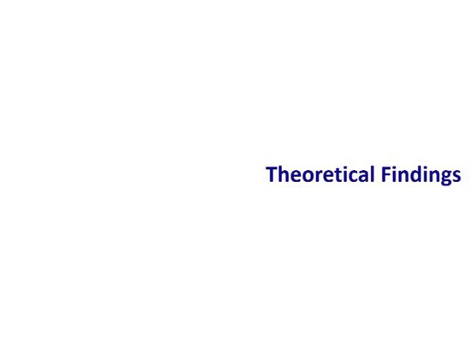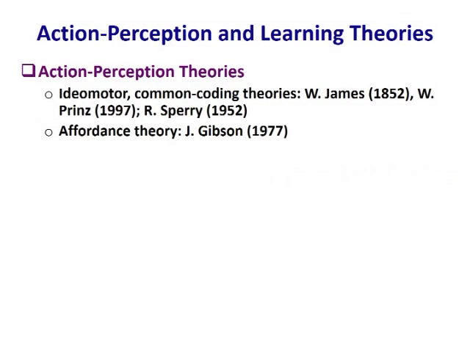As the first step of the research method, let's see what we found from the theories. We first looked at the theories related to action and perception, such as ideomotor, common coding, and affordance theories, because virtual reality allows people to interactively act and perceive different sensory cues, such as visual, aural, and haptic cues.